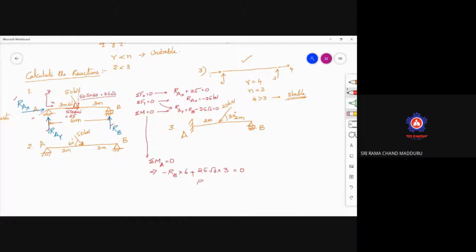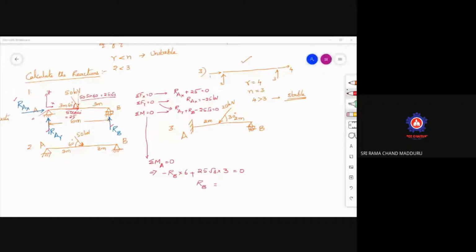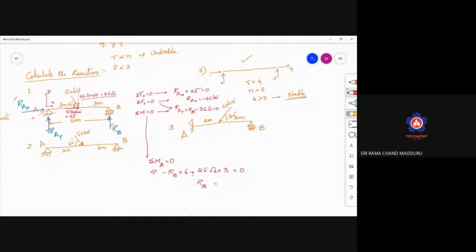So you can tell me the value of RB. What is the value of RB? 21.65 kilonewtons. That is the value of RB.